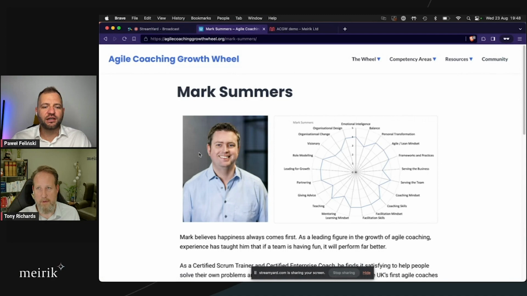You would see that next to a picture of the person, there's a spider web diagram. This is literally how you can use the tool in practice. As you can see, we are not focusing here on areas, but independent competencies. So, for instance, in the area of coaching, we have coaching mindset, coaching skills.